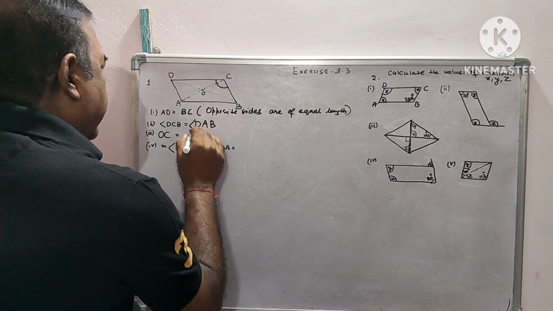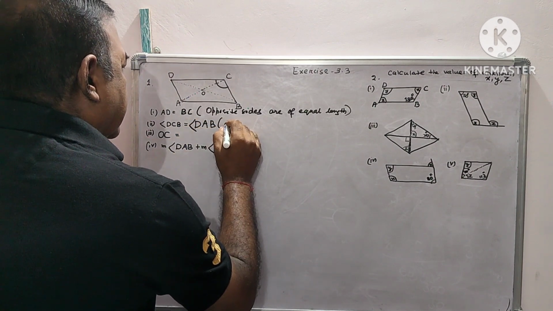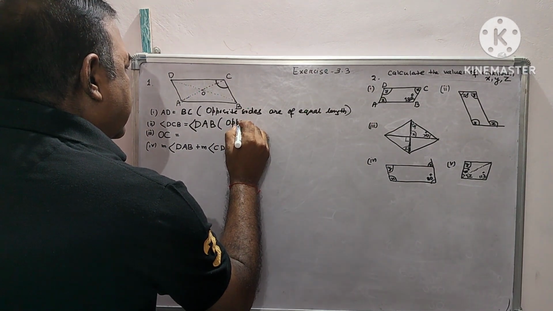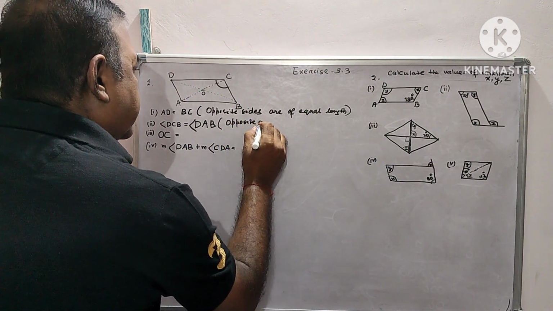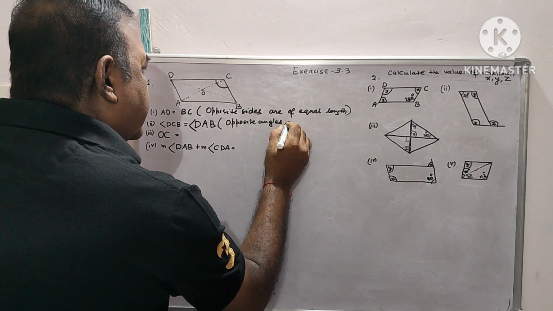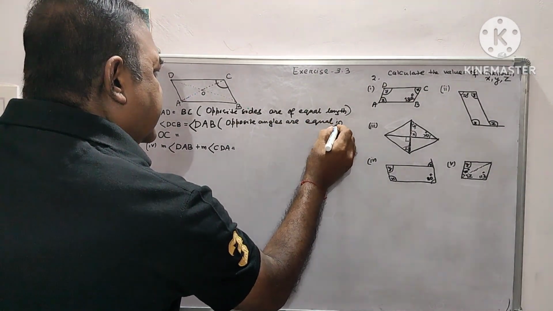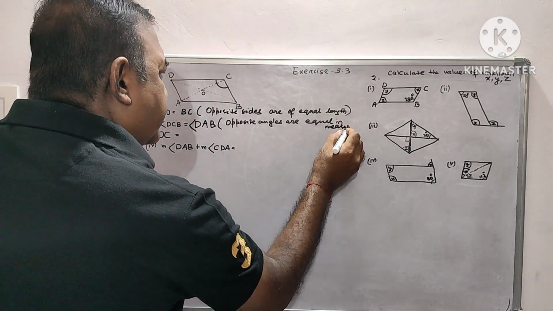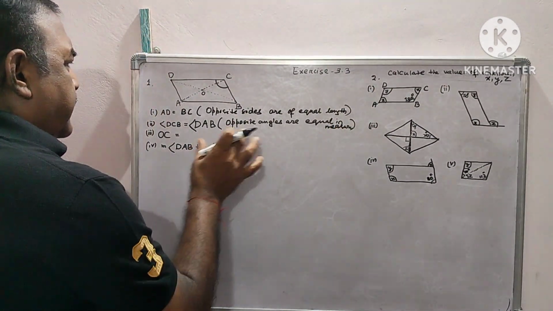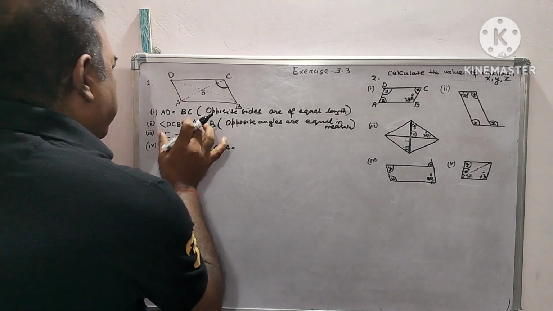So you may write like this: opposite angles are equal in measure. So they measure equally, both angles, opposite angles.